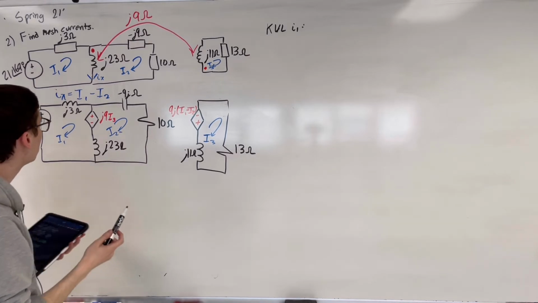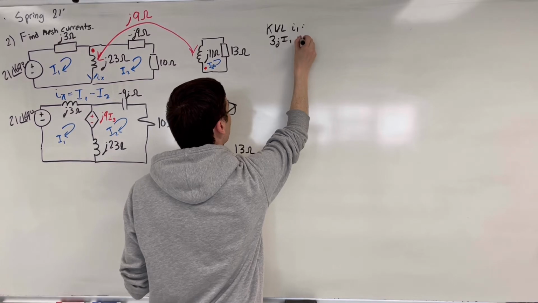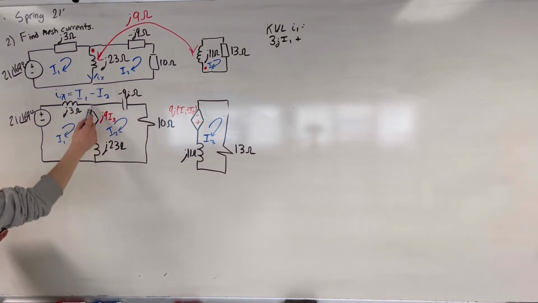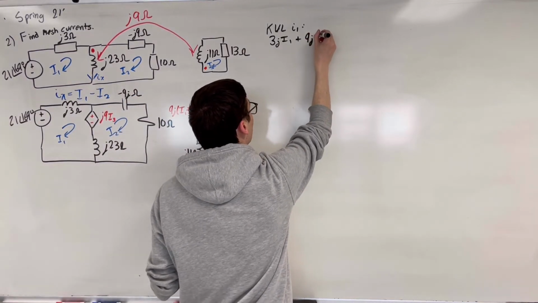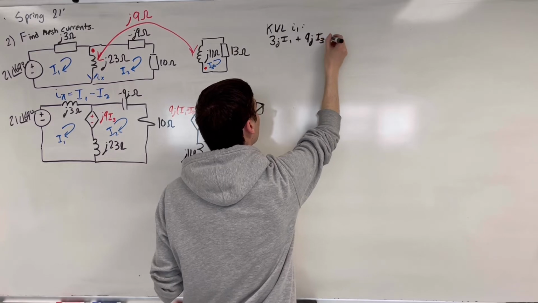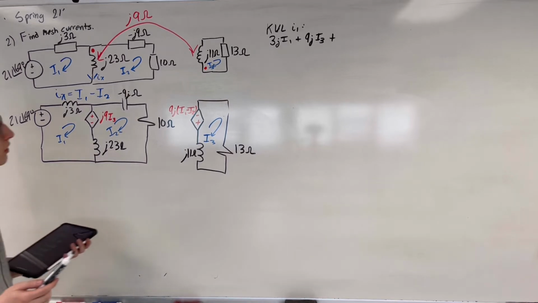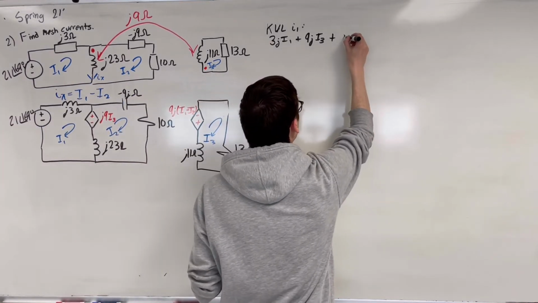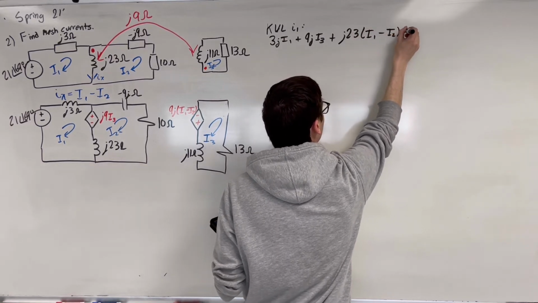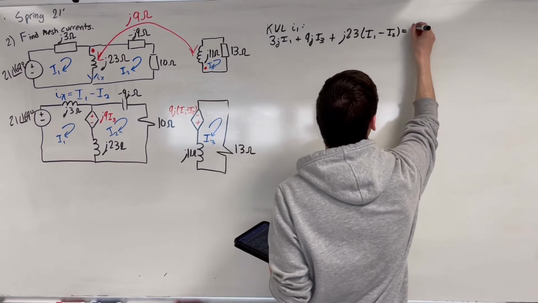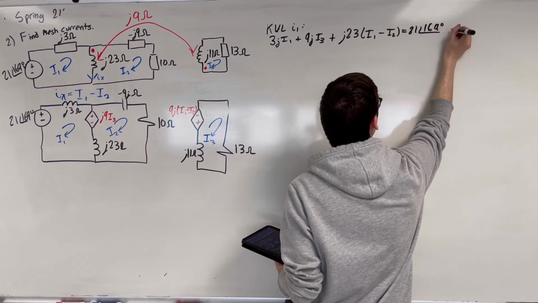That's going to be 3j times I1, plus the voltage drop, which is 9j I3, and then plus j23 times I1 minus I2, and that's all going to be equal to 21 with a phase angle of 169 degrees.